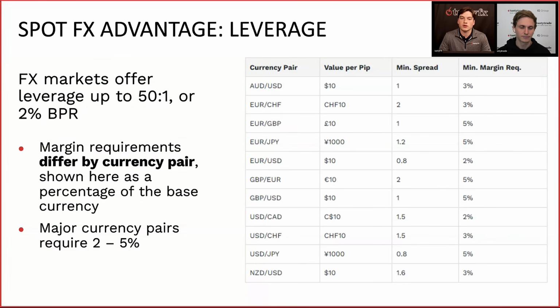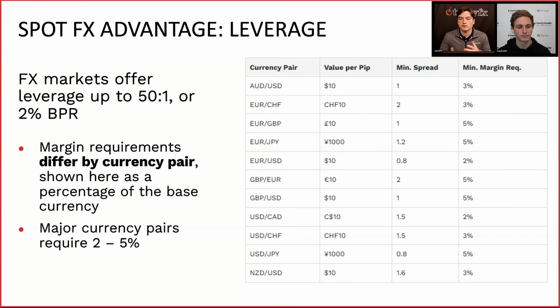That means you're controlling a notional size 50 times what you're actually required to put down, or how much funds you're required to have in your account to put these positions on.